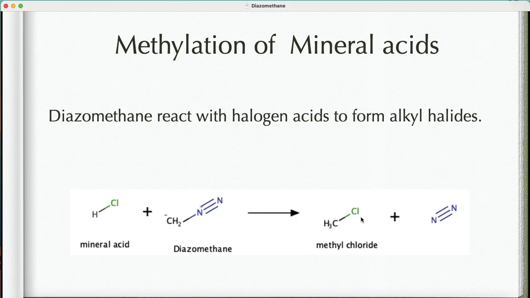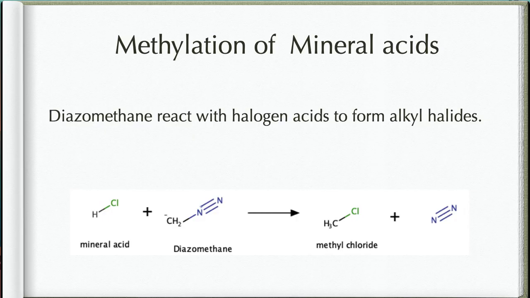This product is formed by the loss of a nitrogen molecule. This H goes here and forms CH3, and chlorine attached to this carbon forms methyl chloride. This reaction is used for removal of excess diazomethane by adding mineral acids to the reaction medium.